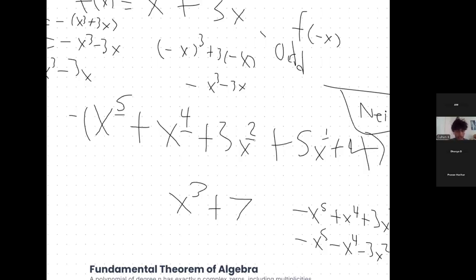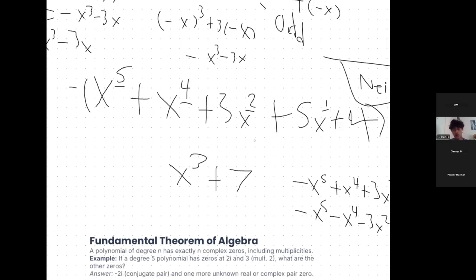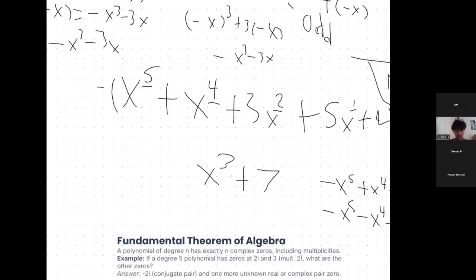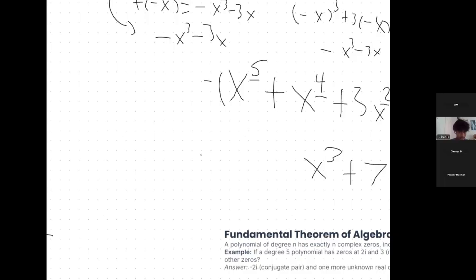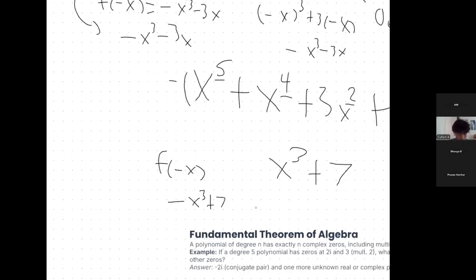And here, x cubed plus 7. Right away we can identify there are no even degrees here, so it can't be an even function, but we'll just test it. f of negative x is going to be negative x cubed plus 7, because wherever x is, we plug in negative x, and negative x cubed is just negative x cubed.